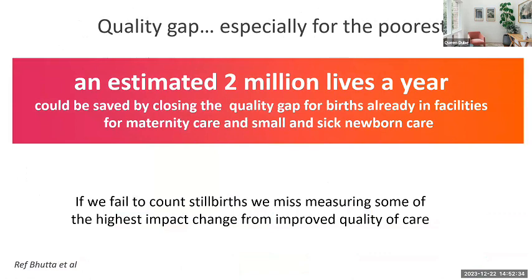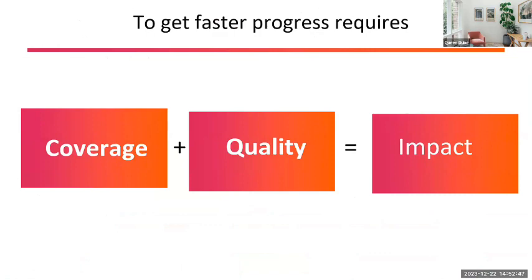Let me not overemphasize the fact that we do have a huge quality gap, and this is costing many lives. Now, sometimes, at a country level, we run so fast in terms of coverage.